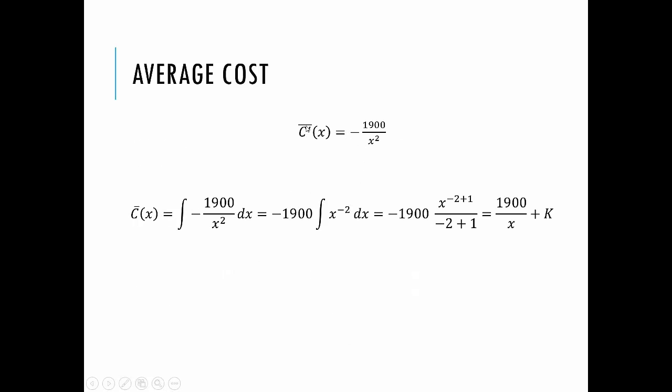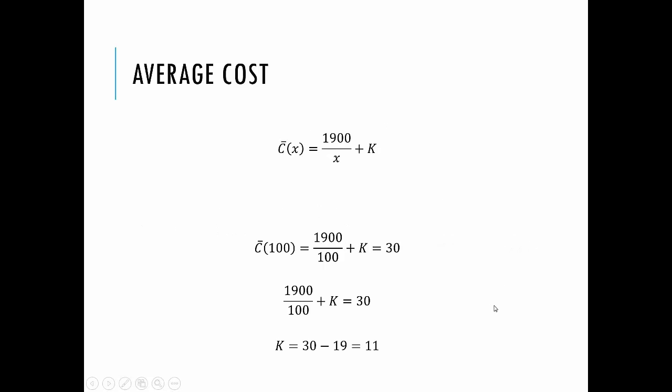So if I have the marginal average, then to be able to find my cost function, what I did is I pulled out this constant, or I should say my average cost. I pulled out this constant. I brought the X squared to the top, so that made it negative. And so now I can do my power rule and get this value.